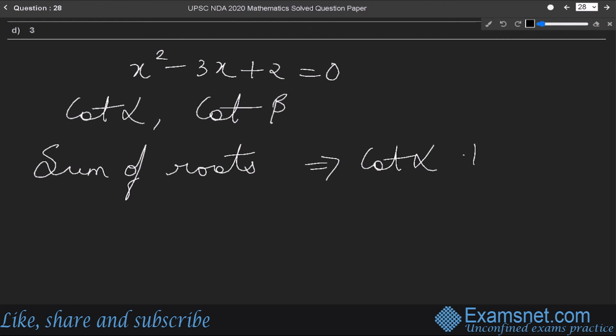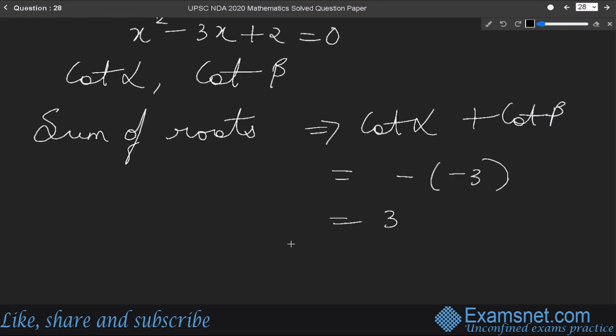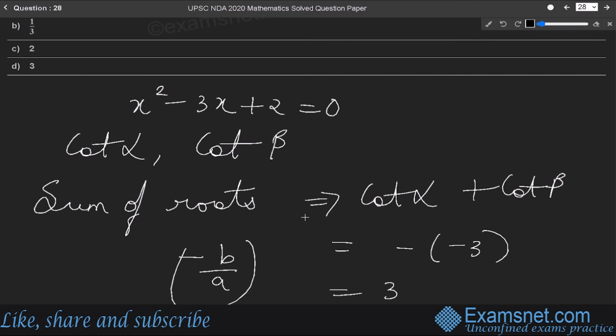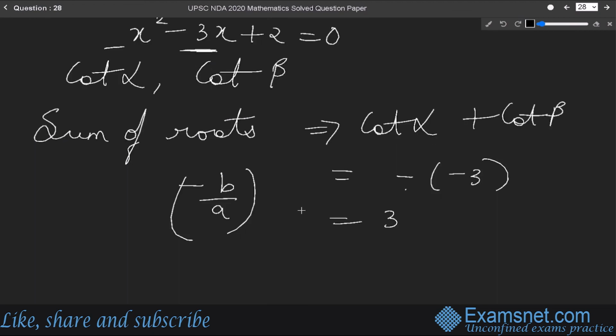Cot alpha plus cot beta is equals to minus of minus 3, which is equals to 3. And sum of roots can be also written as minus b upon a. Now you can see in the equation that minus b is minus 3. So it will be minus of minus 3 upon a. A is 1. Therefore, sum of roots is equals to minus b by a. So sum of roots is 3.